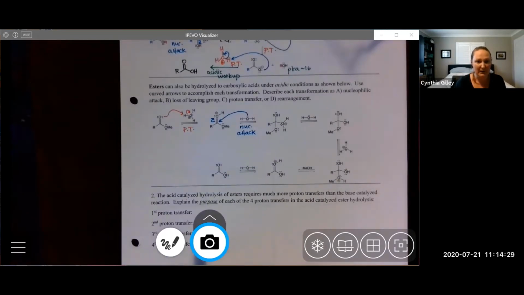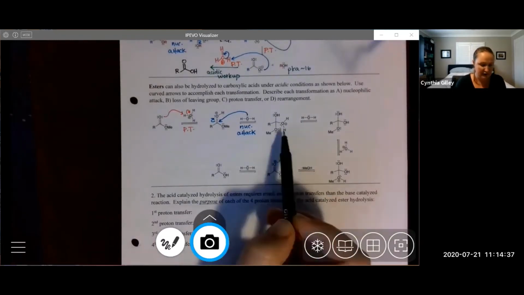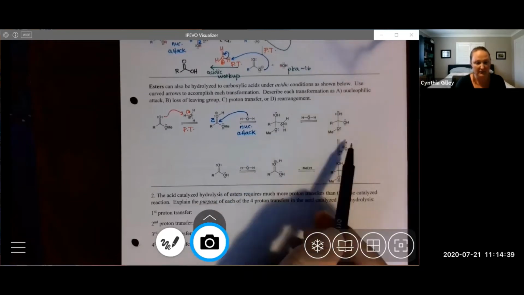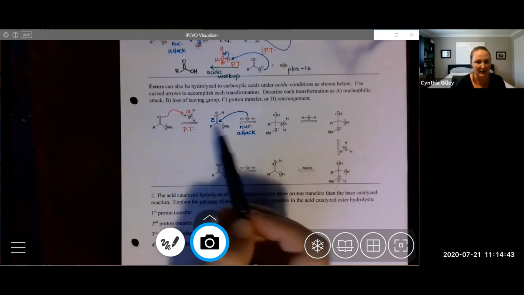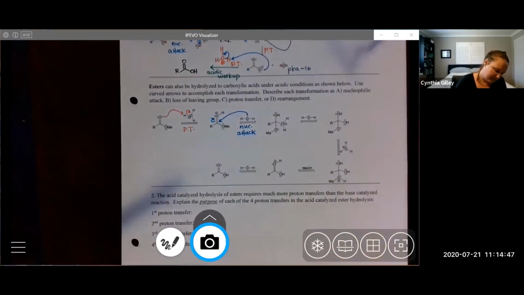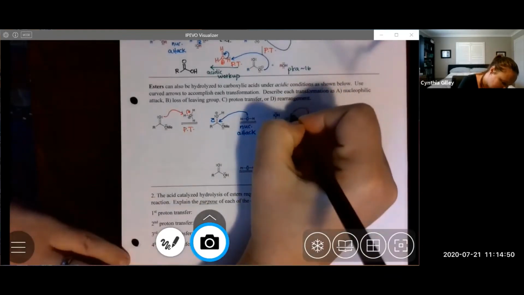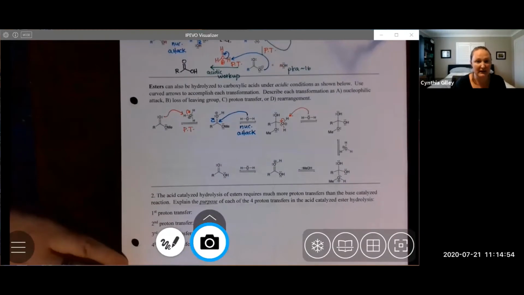But it's also possible that the water in solution can deprotonate this and make this not as great a leaving group anymore. So it's attacking, it's getting kicked back out, it's attacking, it's getting kicked back out. Eventually, perhaps something actually deprotonates it and makes it not as able to leave anymore, a lesser leaving group.